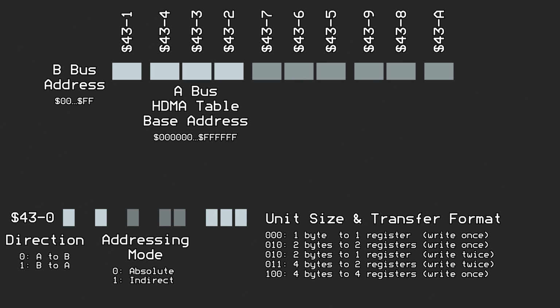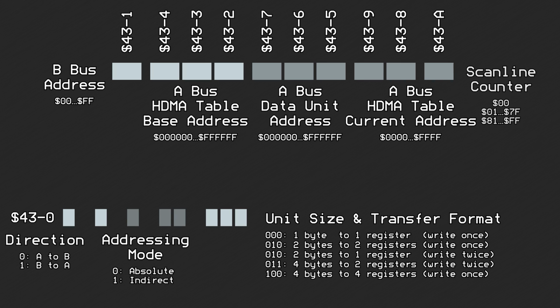All of this data only needs to be set once before initiating the HDMA by setting the channel's corresponding bit in the HDMA enable register at 420C. After that, the data found in the HDMA table will be transferred to the specified hardware register automatically during H blank at the scan line specified in the table itself.